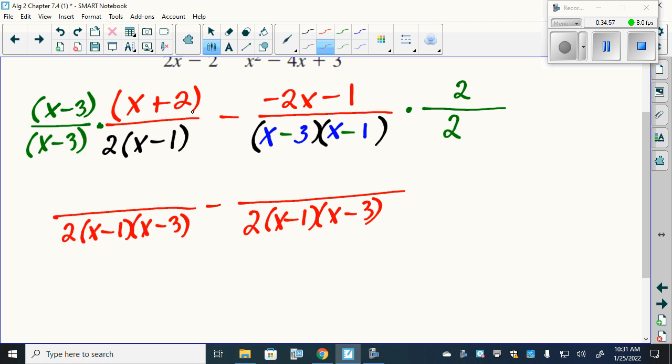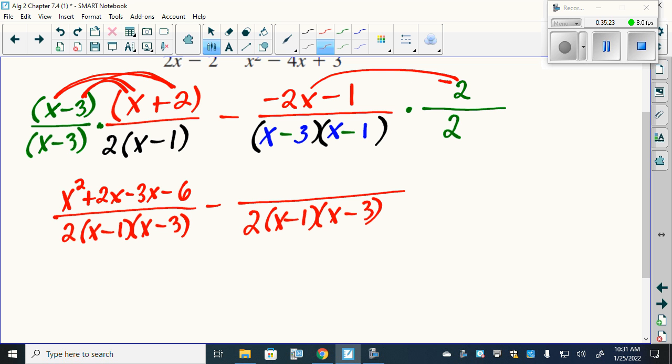Now for our numerator on the first one, we're going to have to distribute these out. x minus 3 times x plus 2. So we'll do x times x, which is x squared. x times 2 will be plus 2x. Negative 3 times x would be minus 3x. And negative 3 times 2 is negative 6.